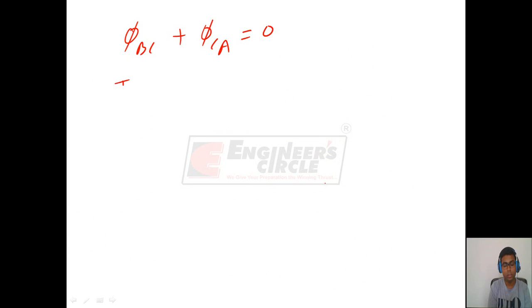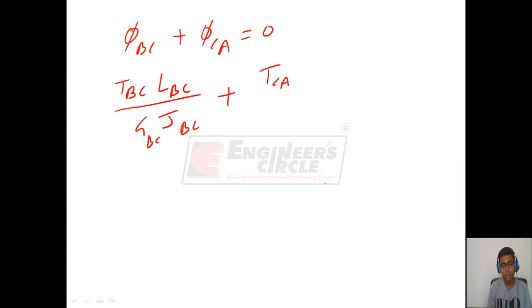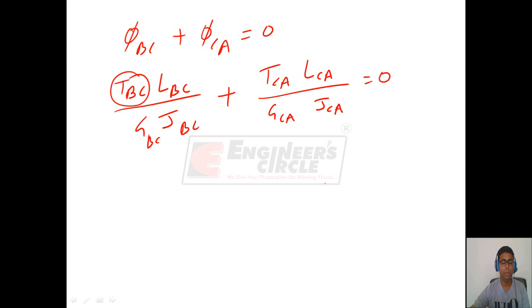So we can write this as torque in portion BC into length of portion BC by GJ of BC, plus torque in portion CA into length of portion CA by G of CA into J of CA, is equal to 0. We have found the torque in portion BC.